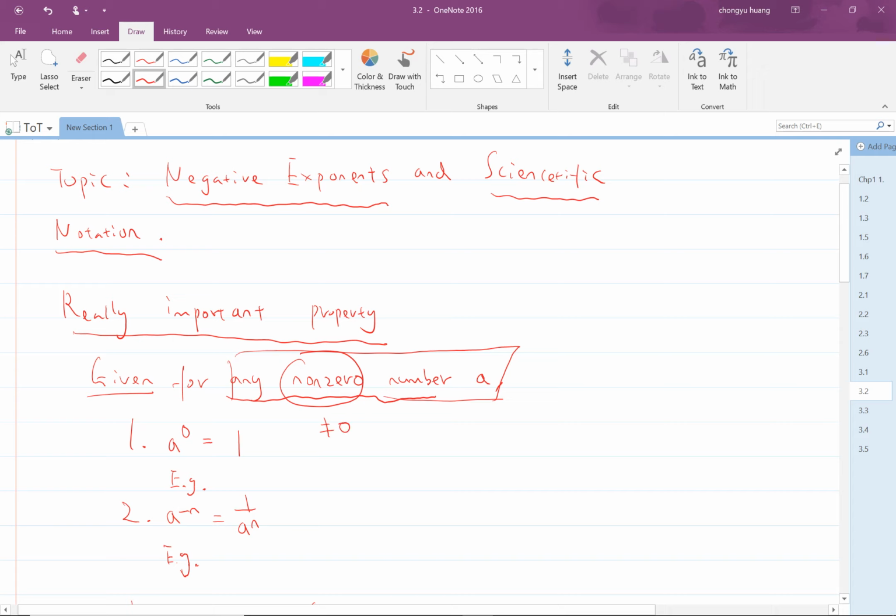As long as the number a is not equal to zero, we can use the properties below. Our first one is a to the power 0 equals 1.